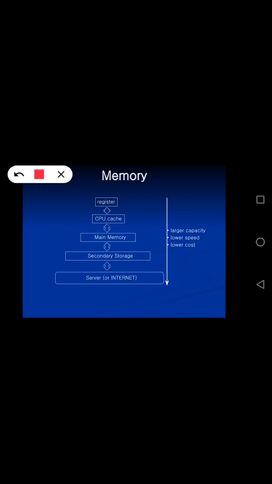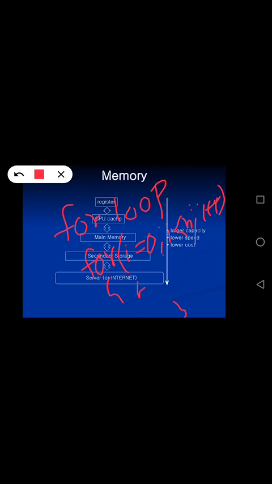The best example is a for loop. Remember, if I write a for loop in C programming, the body of the for loop can contain a set of instructions.